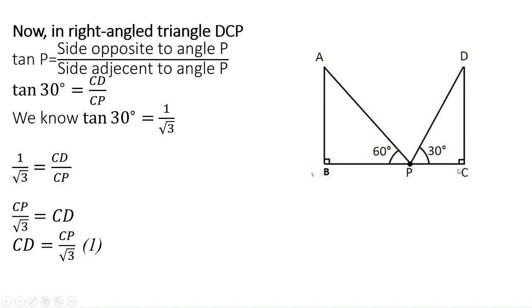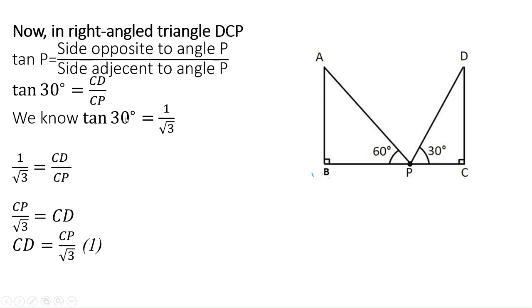Here we are considering the angle P. So in the right angle triangle DCP, tan P is equal to the opposite side, which is CD, by the adjacent side, which is CP.